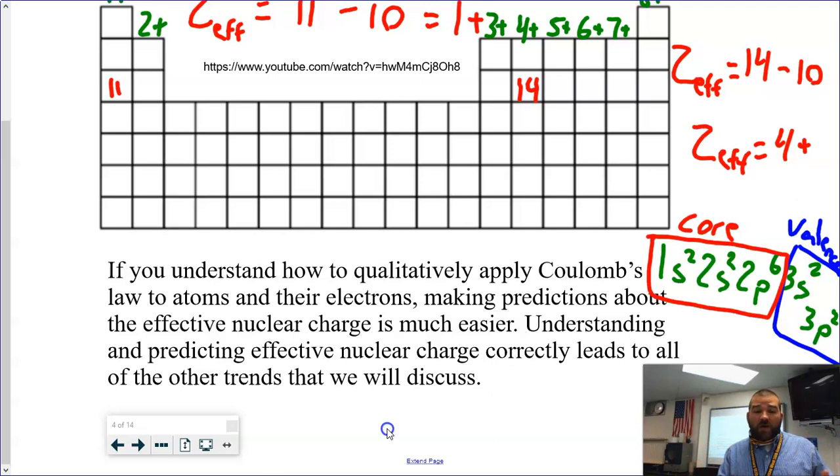It doesn't matter. So effective nuclear charge is using Coulomb's law. We're looking at how many positive protons there are, how many negative electrons are in the core, and then we do this simple equation to generalize that attractive force that the valence electrons feel.